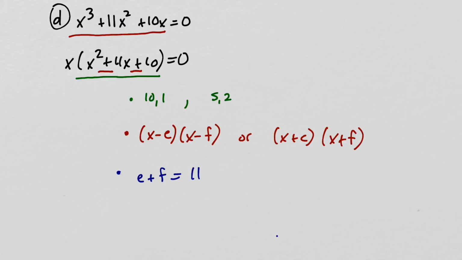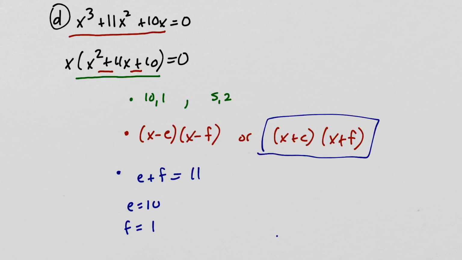This is only going to happen when we have e is equal to a positive 10 and f is equal to 1. Which means that we want to choose the second option here. Then our equation is going to factor to be an x times an x plus 10 times an x plus 1. Therefore, the solution to this equation is x is equal to 0, x is equal to negative 10, or x is equal to negative 1.